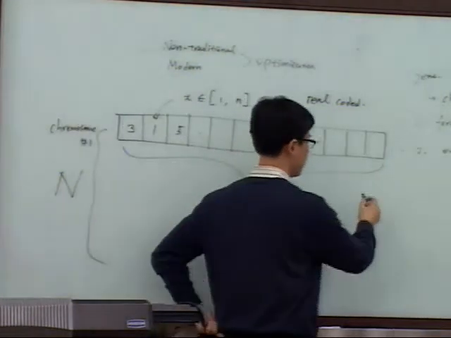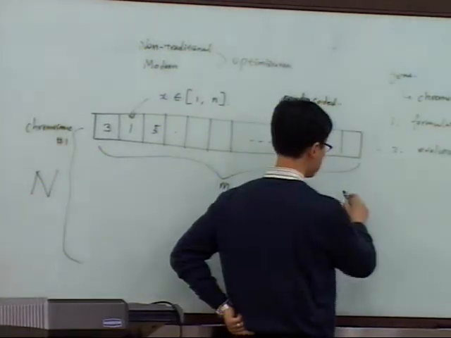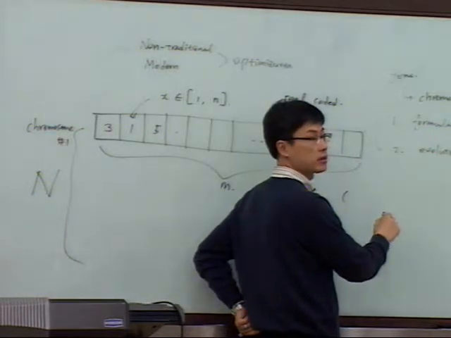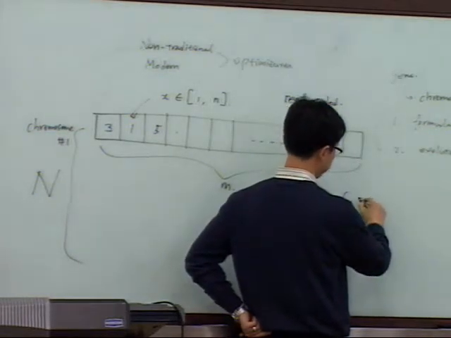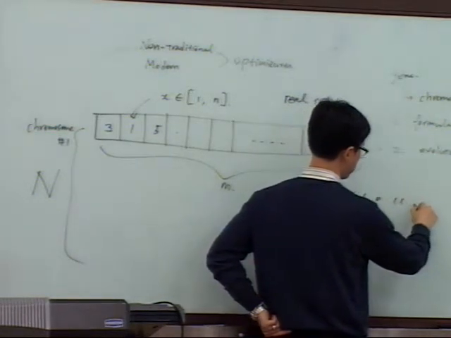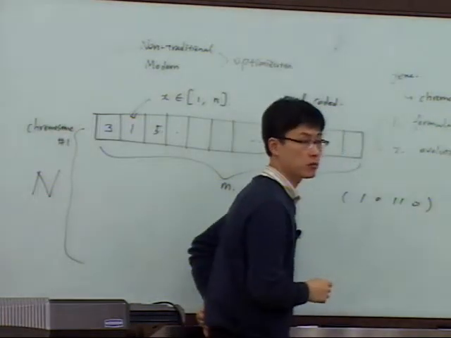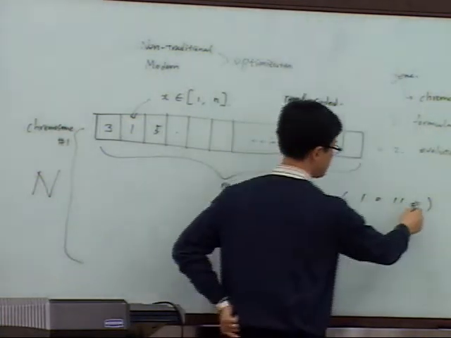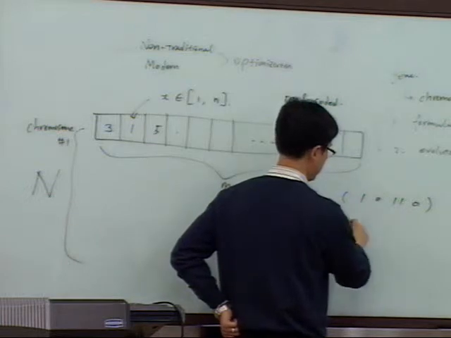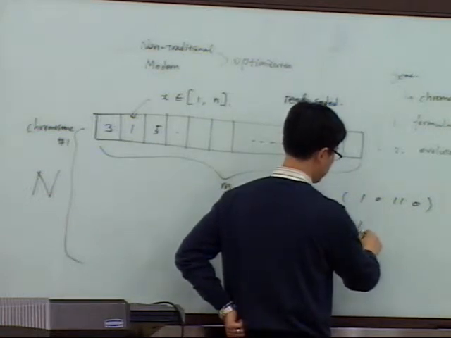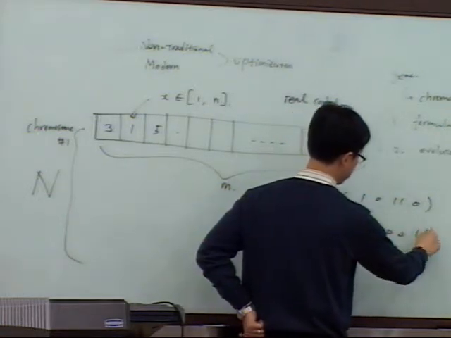For example, we have the 5-bit binary chromosome, like 10110. This is chromosome number one, and this is, I don't know, 10001.